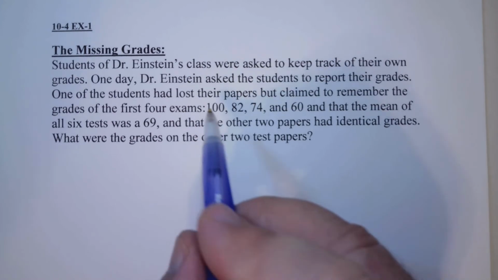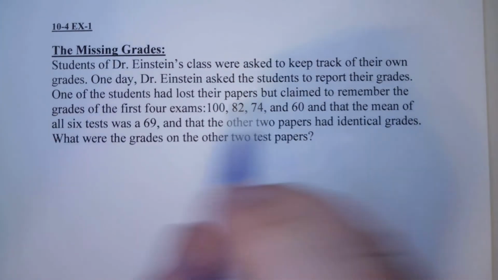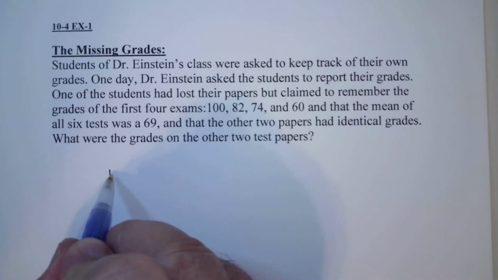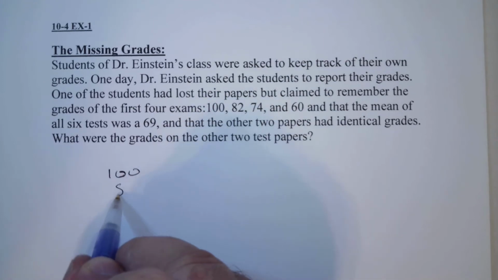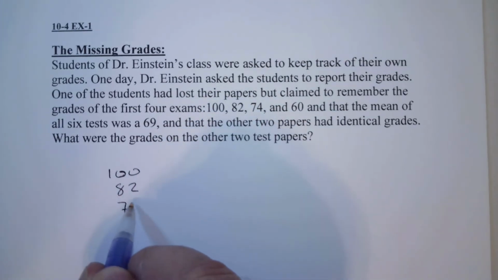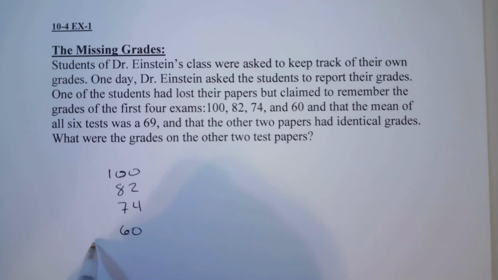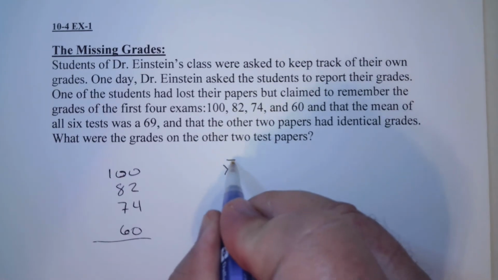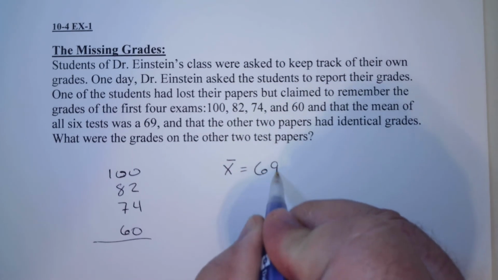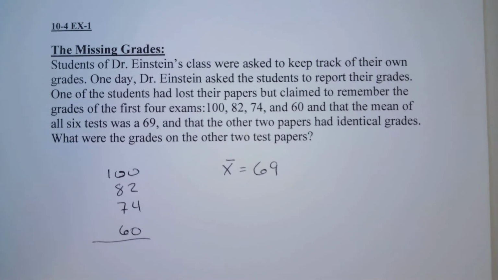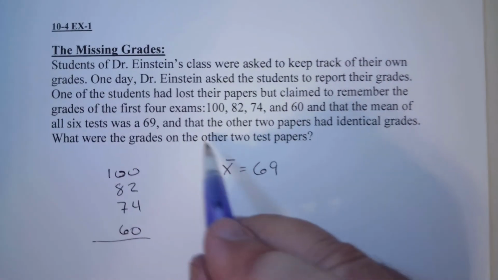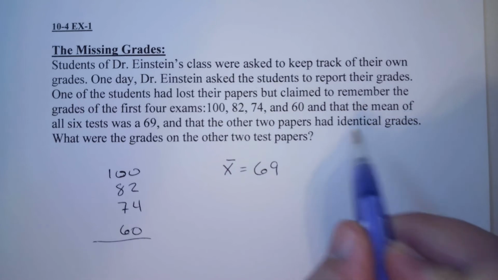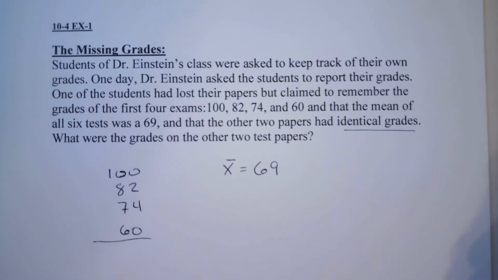One of the students had lost their papers, but claimed to remember the grades for the first 4 exams as being 100, 82, 74, and 60. And that the mean of all 6 of his tests was a 69. Also, the other 2 papers had identical grades. What were the grades of the other 2 papers?